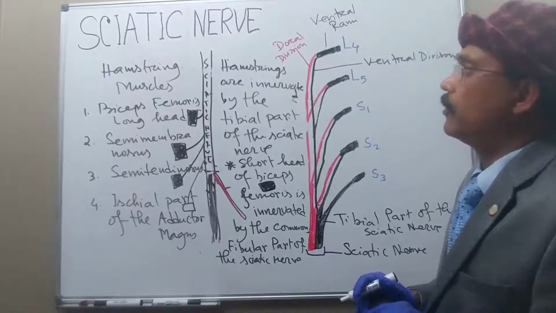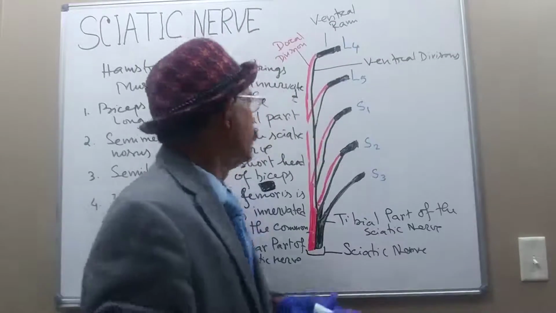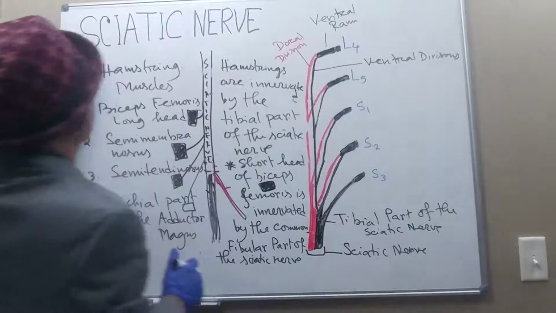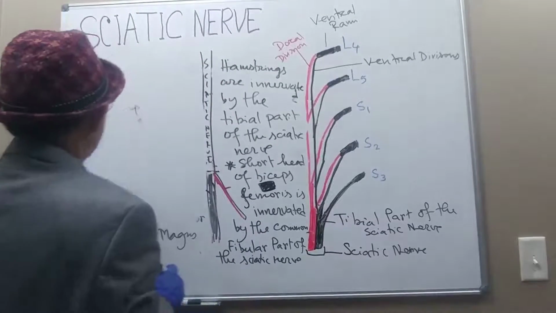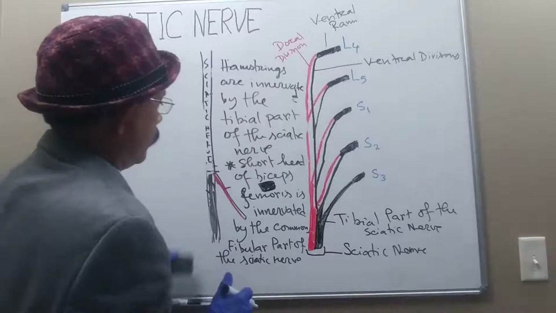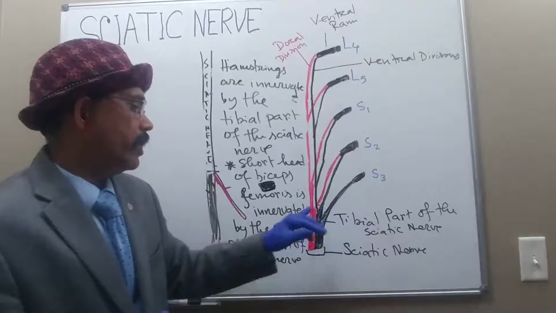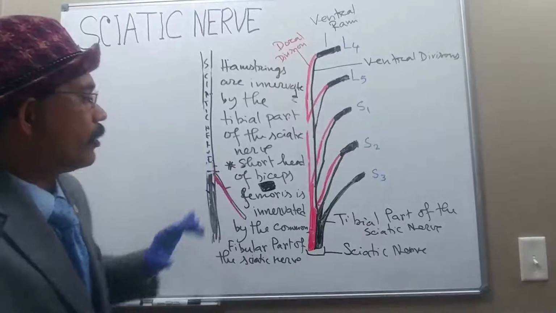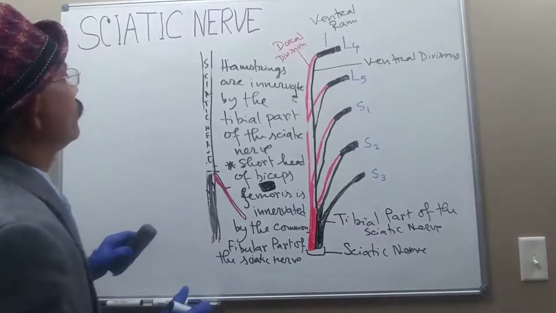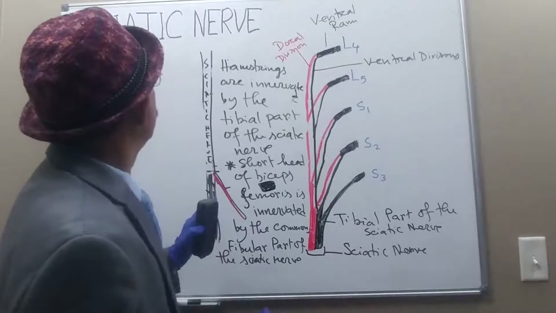We got the muscles innervated by the sciatic nerve. Okay, these are the hamstring muscles. All the hamstrings are innervated by the tibial part of sciatic nerve. The common fibular part of sciatic nerve innervates the short head of biceps femoris. We got that. Okay, we got the relationship.